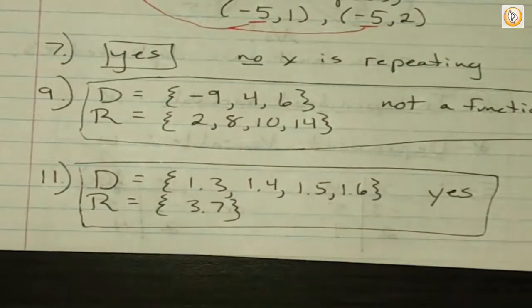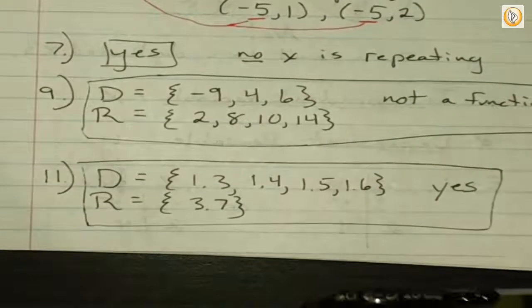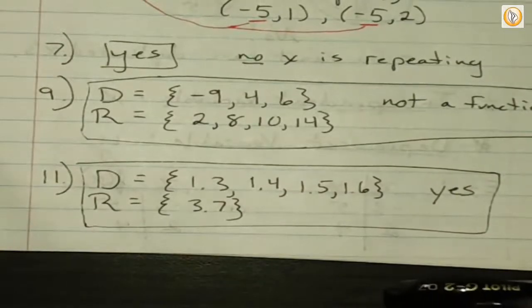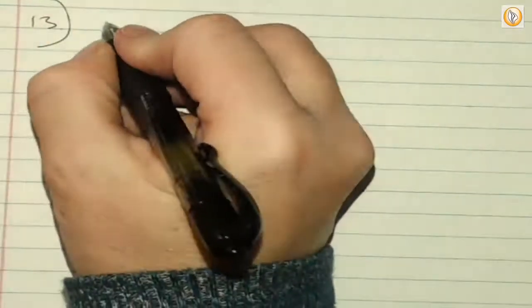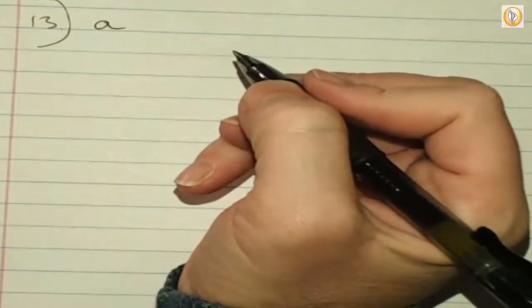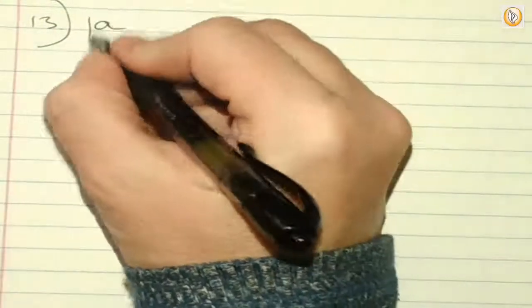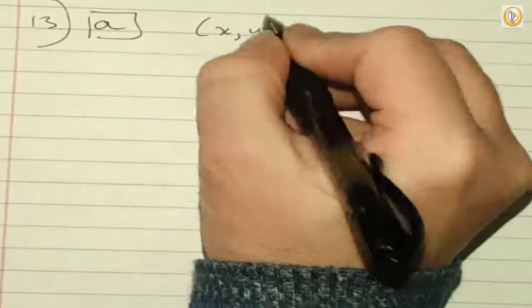All right, let's look at 13. Does everyone have this down? We're almost done. Okay, 13 says for each set, choose a letter of the correct description. Gabby, look at that and then tell me, is it A, B, or C? It is A. It's a relation because you only have an X and a Y for each.